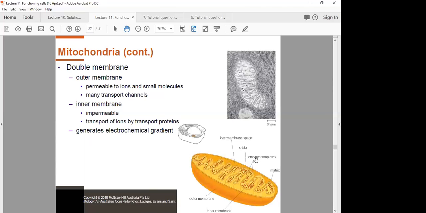Yes, this is where it happens. This is where the electron transport chain happens within the mitochondria on this inner membrane. And I think I've forgotten something. Yes, here we go, mitochondrial matrix. So the aqueous solution within the mitochondria is referred to as the matrix.